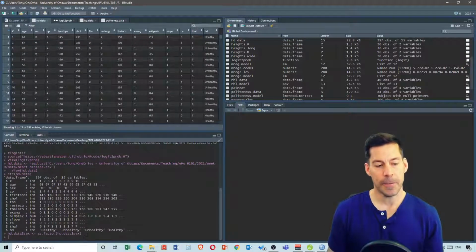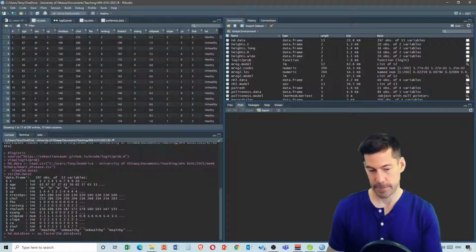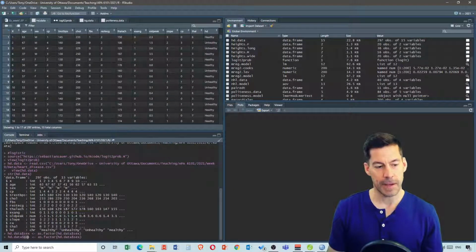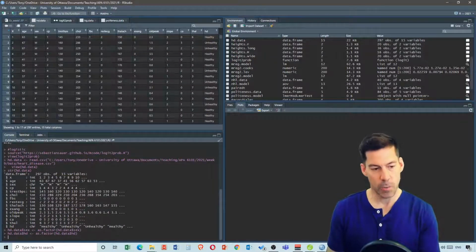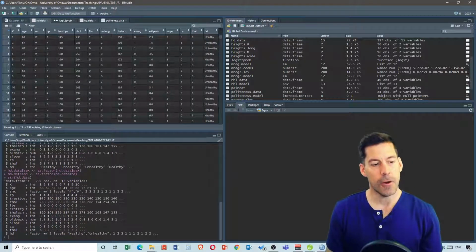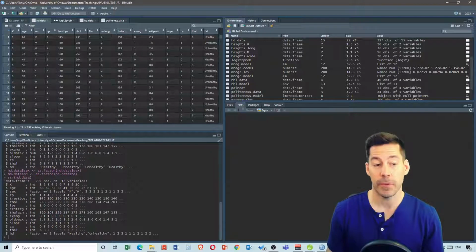And I hit enter, and then I'm also going to do that for HD. So if I just copy that, instead of sex, I use column HD, and again here, HD, and run that command. If I run the structure again, we should see that now sex is a factor with 2 levels, and heart disease is a factor with 2 levels, healthy and unhealthy.